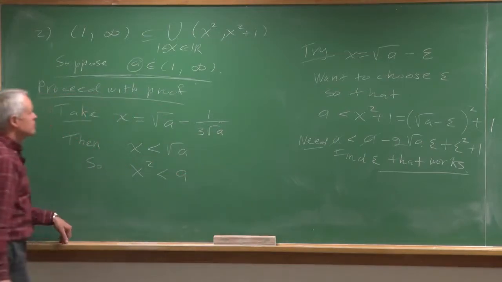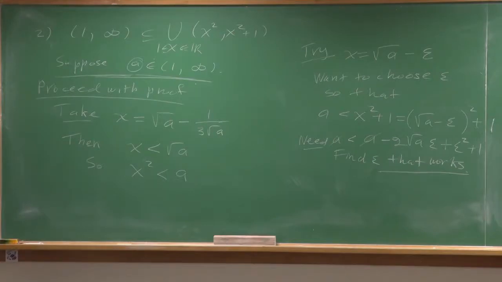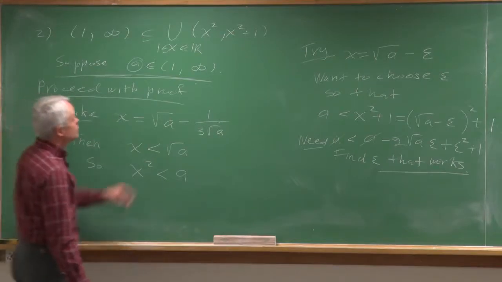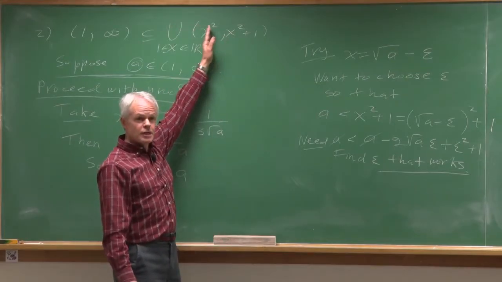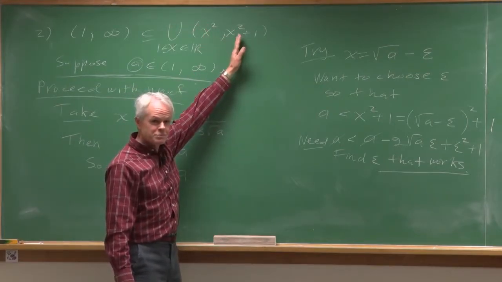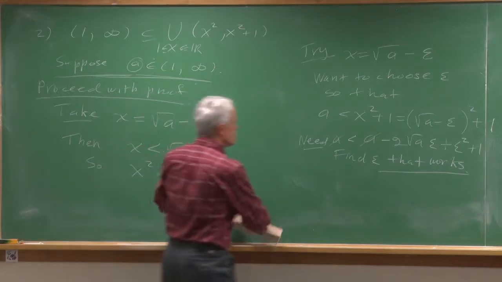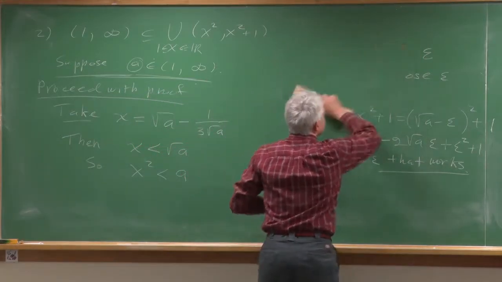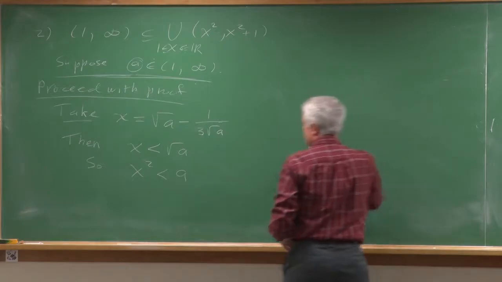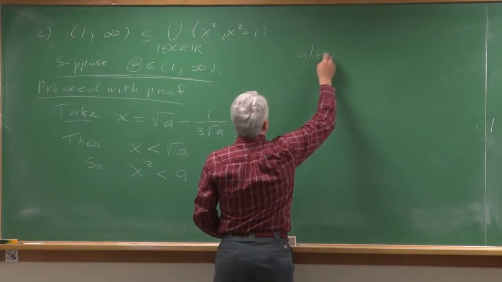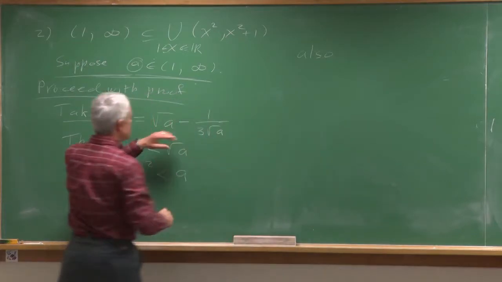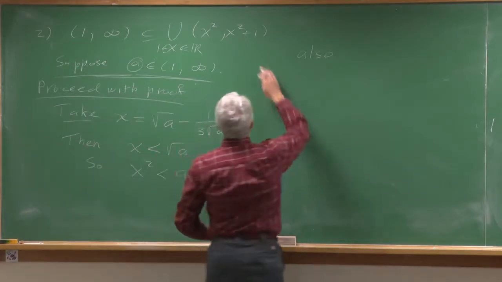All right. So far, so good. We're trying to show that the a is in this interval, so it's greater than the x squared. In the second part, we're going to try to get this. So let's see if it works. Also, let's write down the x squared plus 1 and see what it is.